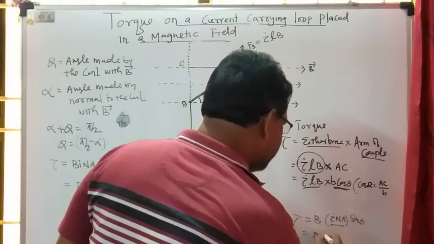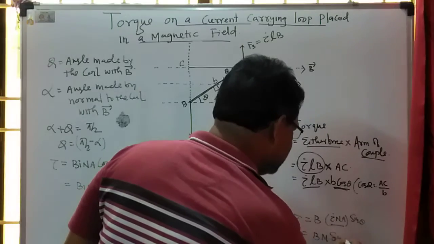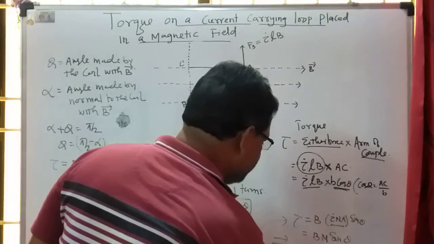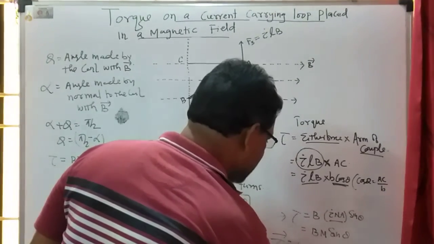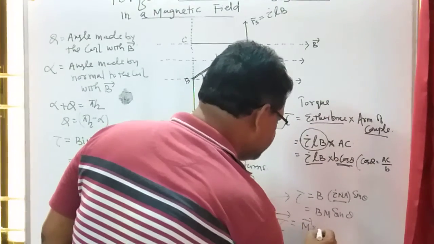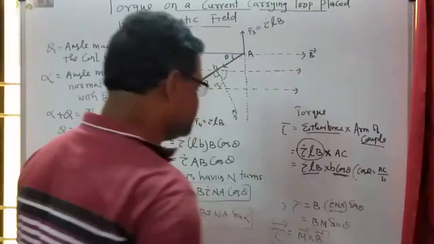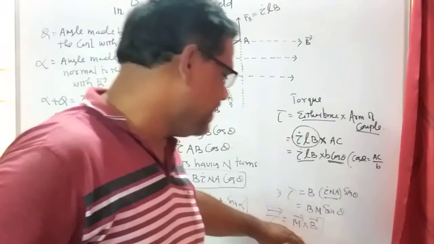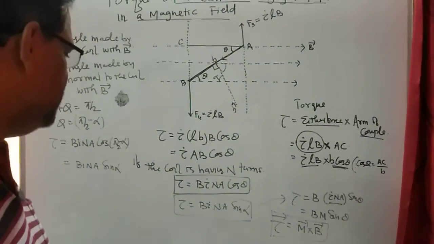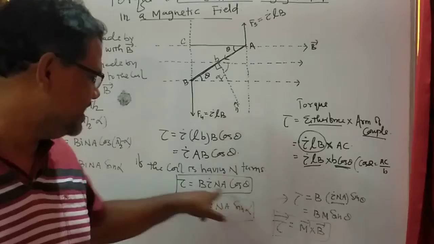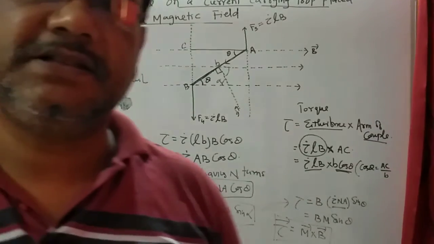We can write it as M B sin theta, and in vector form torque equals M vector cross B vector. We will find that part in the next class video. But here just remember that torque equals BINA sin alpha and torque equals BINA cos theta. Thank you.